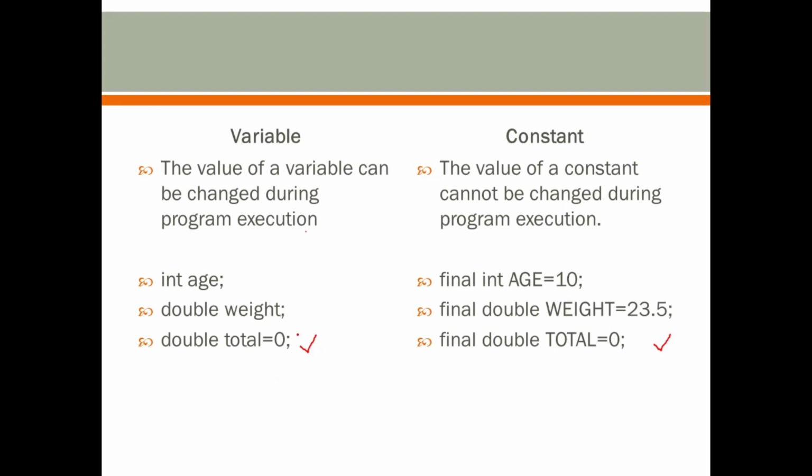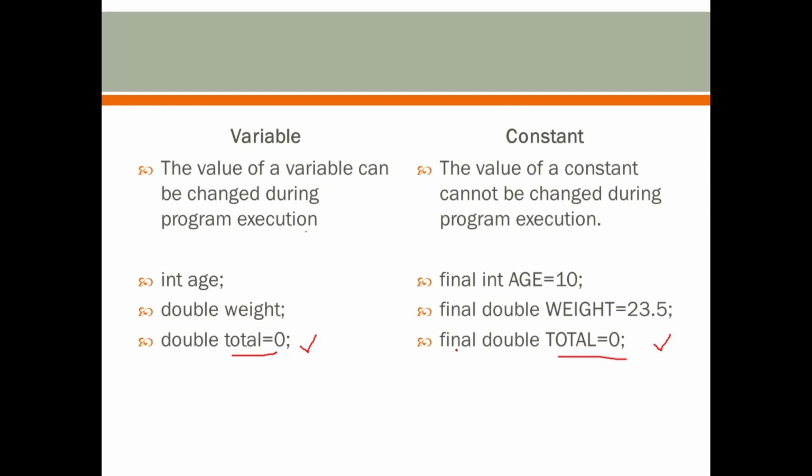Look at example 3 for variable and constant. Two declarations of total: total equal to 0 here, and total equal to 0 here. What's the difference? They look the same, but here is a declaration of a variable and here is a declaration of a constant.